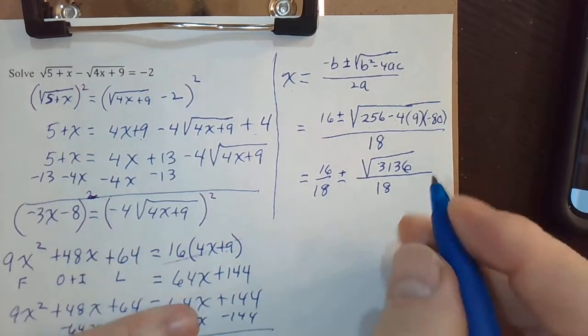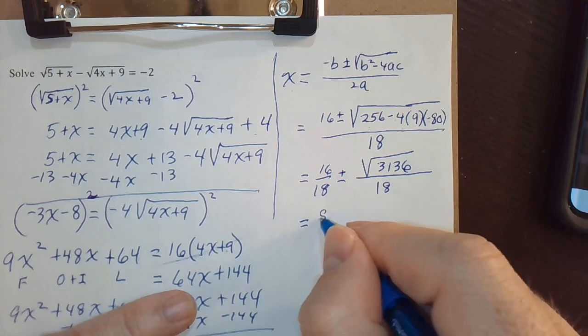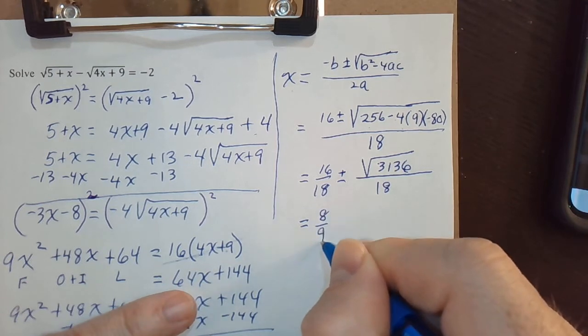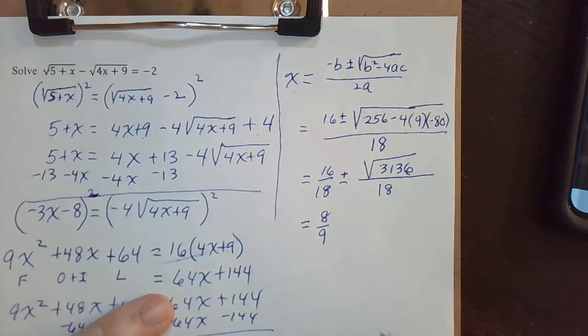All right, so this is equal to, reducing it, 8 over 9. And then, all right, I need to mess around with 3136.